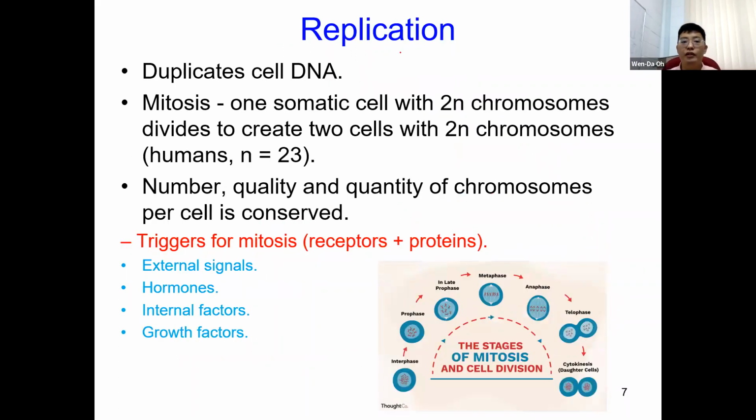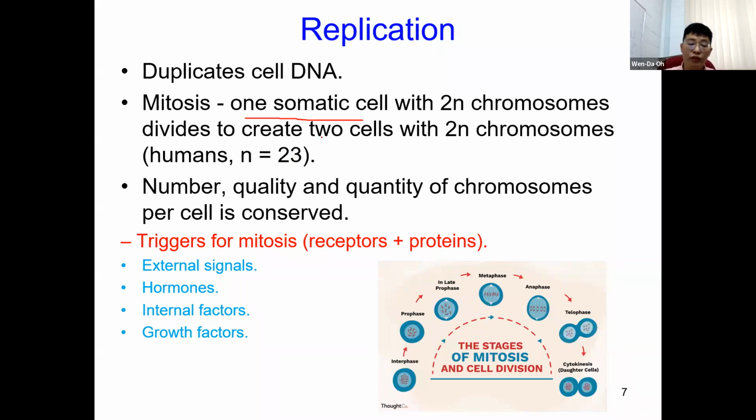So the function of replication is to duplicate the DNA. Replicate means that we want to have the same type of cell, so that they can have the same information. So mitosis, as I said, is a somatic cell with 2N chromosomes, whereas your meiosis product will be N, 23 for human.